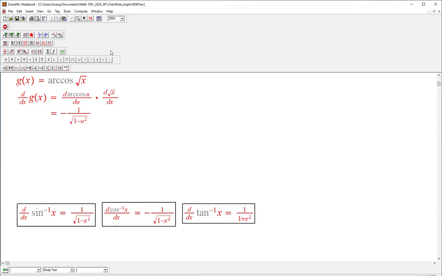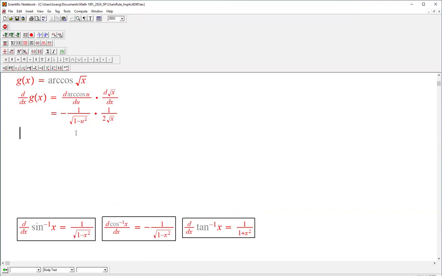All right, the derivative of square root of x with respect to x is going to be 1 over 2 times the square root of x. So then we're going to substitute u by square root of x.